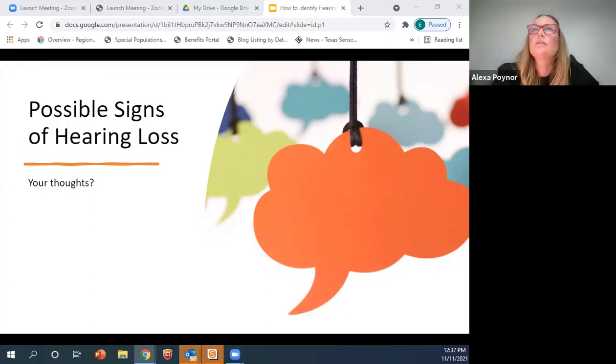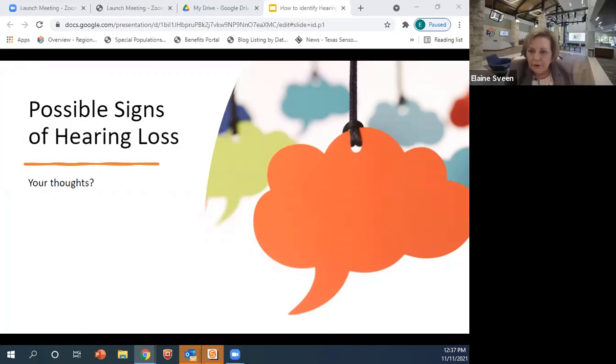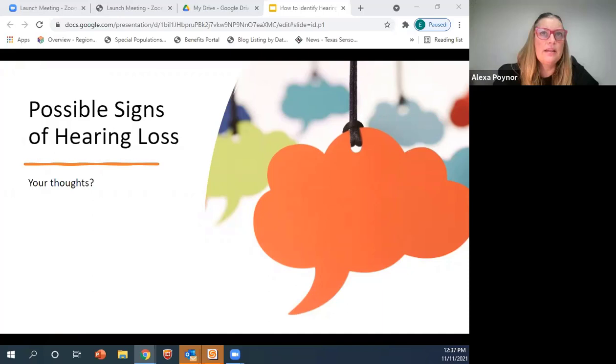Another one: only responding when the speaker is in front of the hearer, watching lips move when being spoken to, like lip reading. So I think what she's questioning is if somebody is only responding to the person who is speaking when the speaker is directly in front of them, like lip reading the individual.